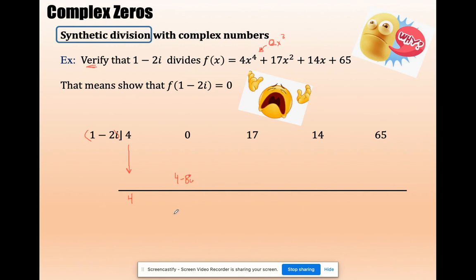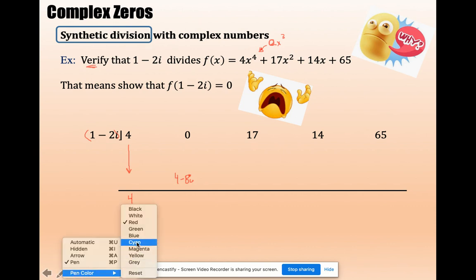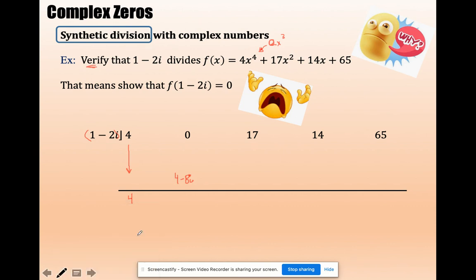But now what do I have to do? Now I have to multiply 1 minus 2i times 4 minus 8i. This is why you did this objective last year, and you're assessed on it. You know how to multiply 1 minus 2i times 4 minus 8i.